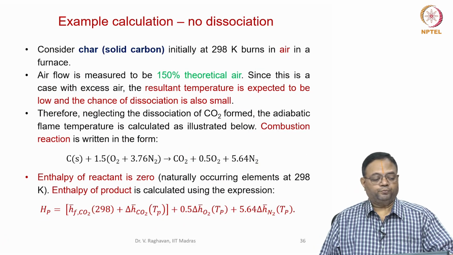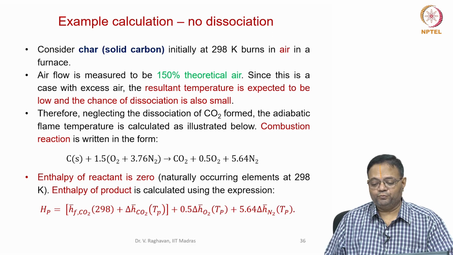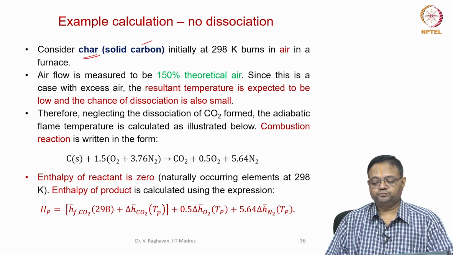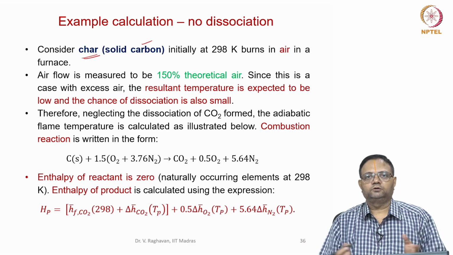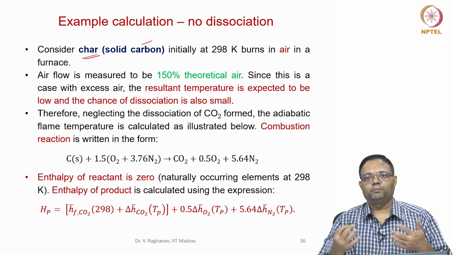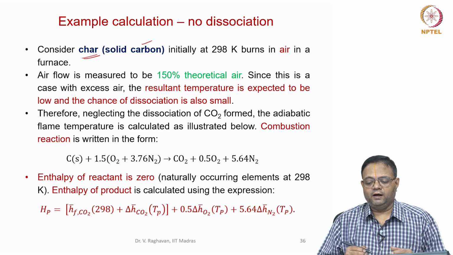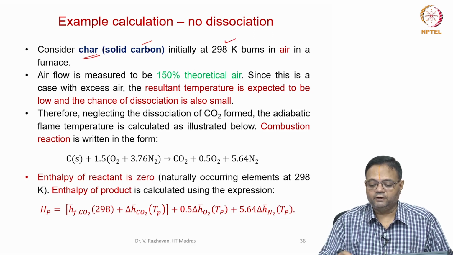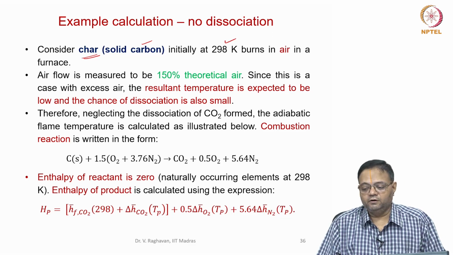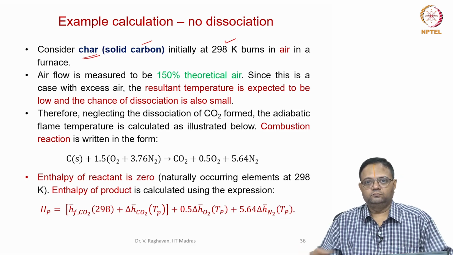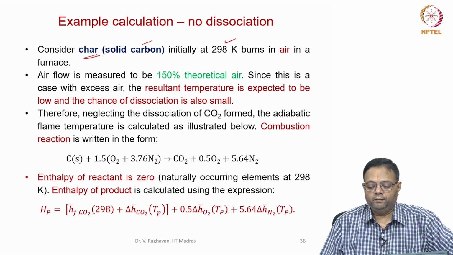Now, let us consider an example for solid carbon combustion. So, you have a char. Char means carbon plus ash. Let us say ash is not very high. So, predominantly it is solid carbon, initially at a temperature of 298 Kelvin, and air is flowing through this char.